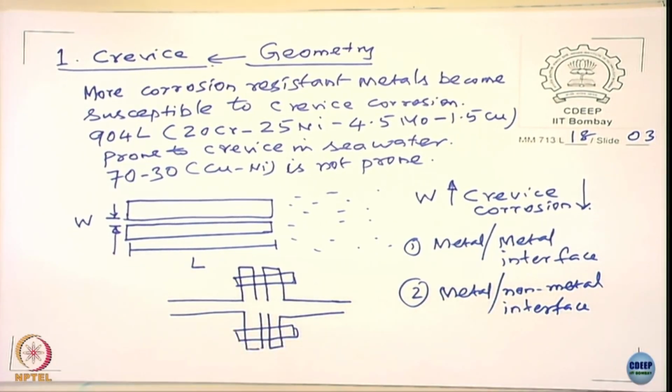Which of the two joints will suffer more corrosion? In one case I have a metallic gasket, and in the other case I have a rubber gasket. Corrode more, you are right.